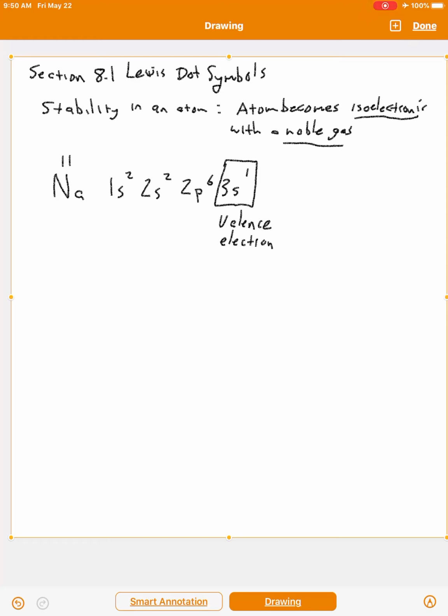In 1s2, 2s2, 2p6, 3s1, 3 is the highest principal quantum number, so that's the outermost shell. There's only one electron in sodium in the valence shell, in the 3s subshell. These would all be called core electrons.